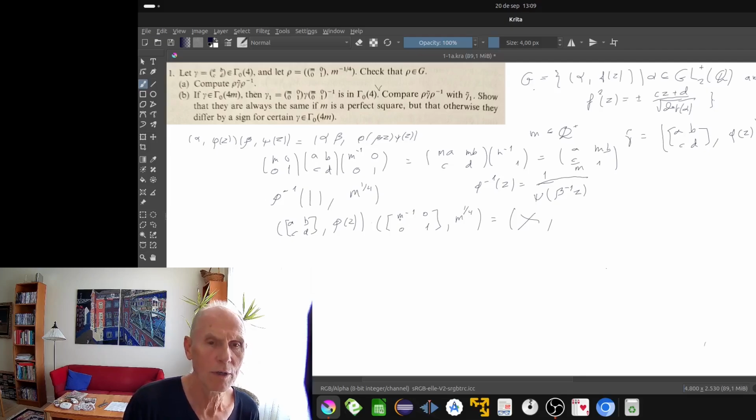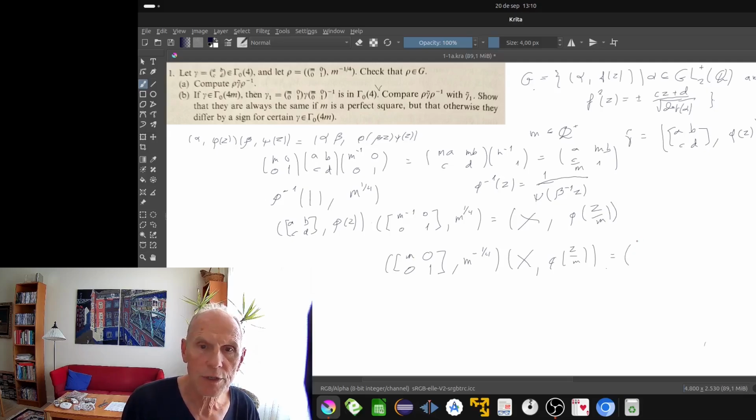Oh no! That's actually complicated because it gives m to minus first of z divided by unity. So it's actually phi of z divided by m. And then we multiply this with, and of course we get the matrix. Did we find? We've got that.